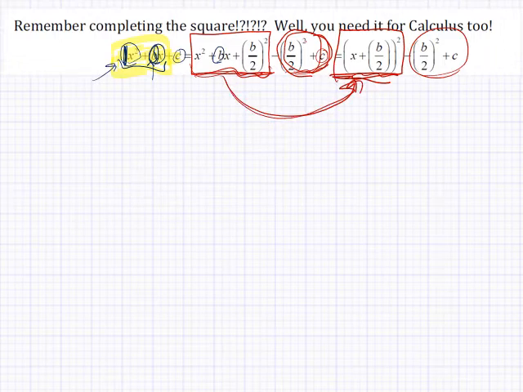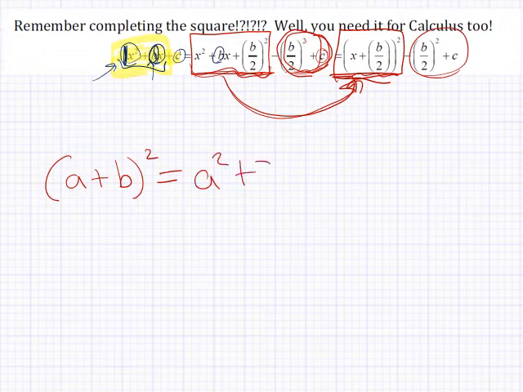And it all stems from this basic binomial squared multiplication, which you've done tons of times. You have a plus b squared, it's a squared plus 2ab plus b squared. And essentially by creating, and maybe I should probably use different variables here, so let's use, say, u and v.